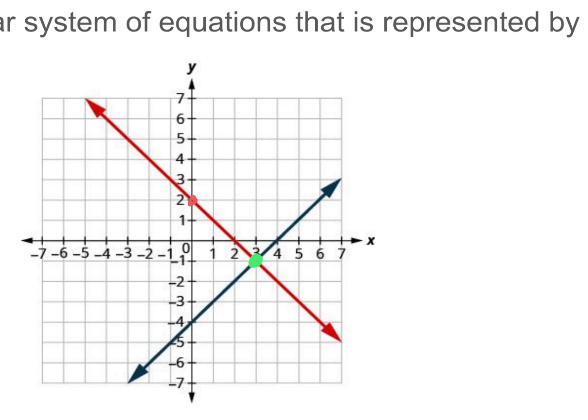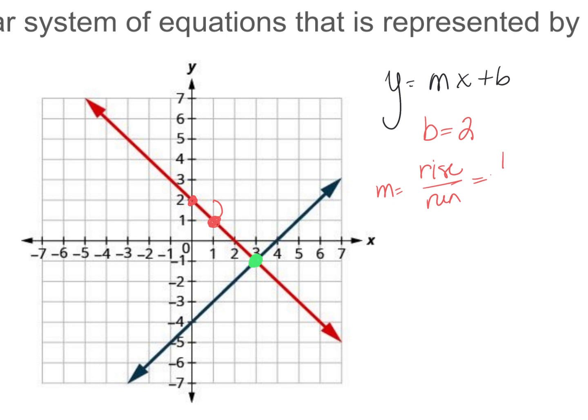The y-intercept. Let's go ahead and write the equation y equals mx plus b. So for the red line, our y-intercept is at +2. I start at the bottom. So if I do rise over run for my slope, I'm going to rise 1.